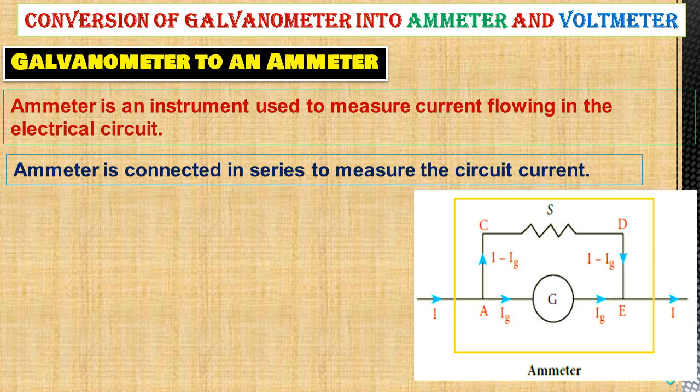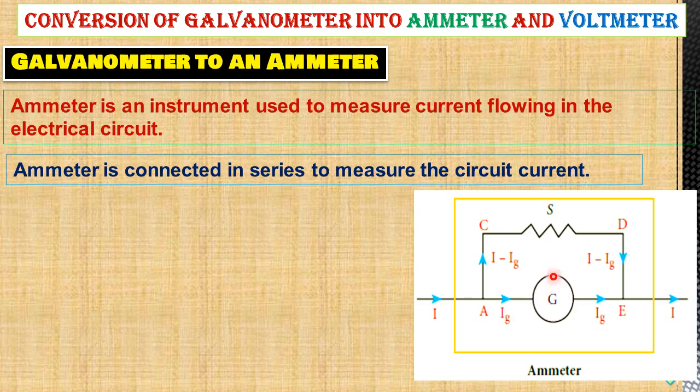This is the picture for the conversion of galvanometer into ammeter circuit. Students, a galvanometer is converted into an ammeter by connecting a low resistance in parallel with the galvanometer. You can see a low resistance is connected in parallel with the galvanometer.